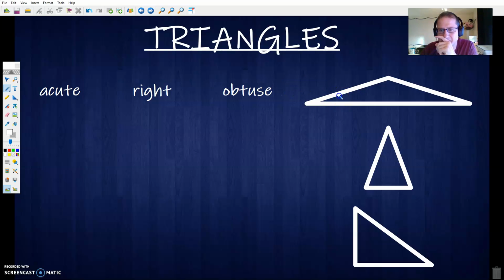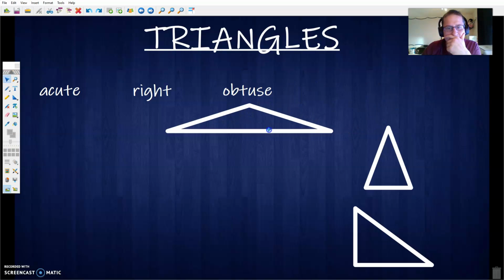Now this angle right here is acute, and this angle right here is acute. But don't let that confuse you because it does have this one big one up here. As long as it has that one obtuse angle, then that is considered an obtuse triangle.